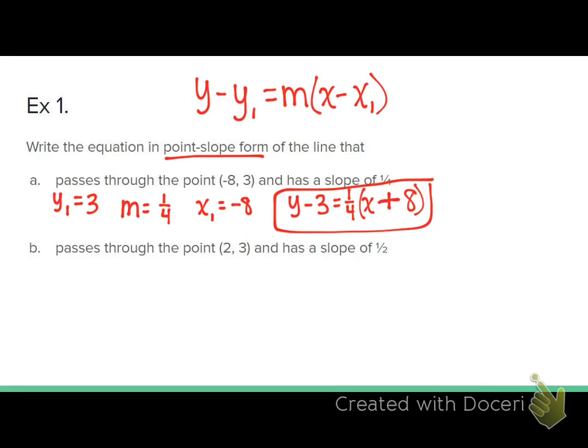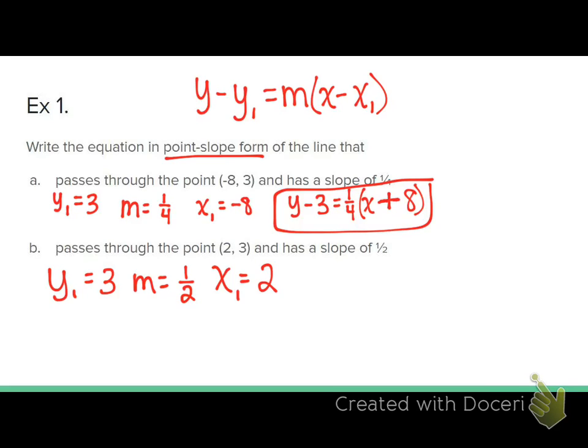Okay, go ahead and try letter B on your own real quick if you have not already done so, and we'll talk about it in just a moment. So what was the y1 that they gave us? 3, the m, and the x1.